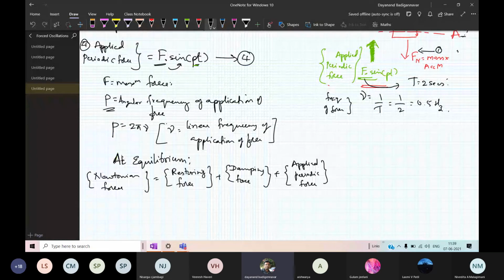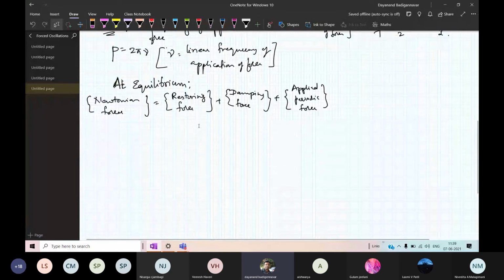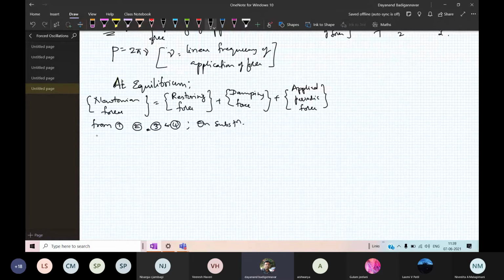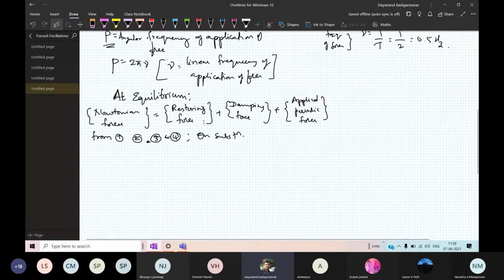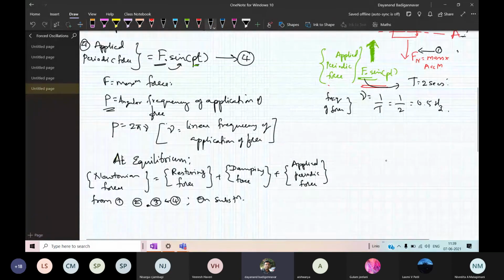Next, from equations 1, 2, 3 and 4, on substitution, first, what is the Newtonian force? Look at it here. Equation 1: Fn equal to mass into acceleration.